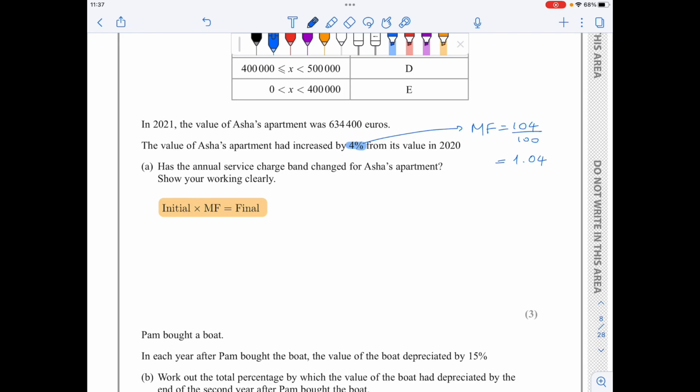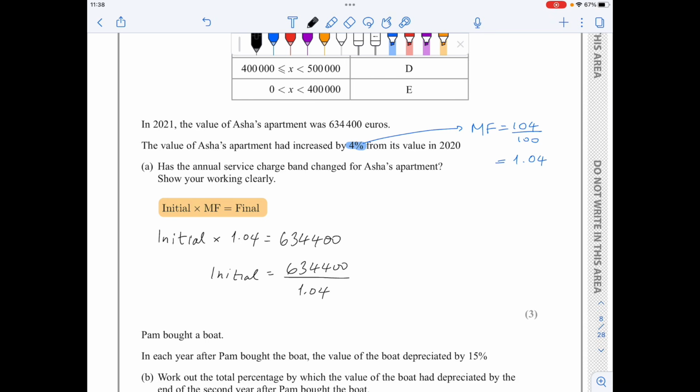Initial times the multiplying factor gives me the final value. So the initial value times 1.04 must be equal to 634400. If I rearrange, initial value is equal to this number divided by 1.04.